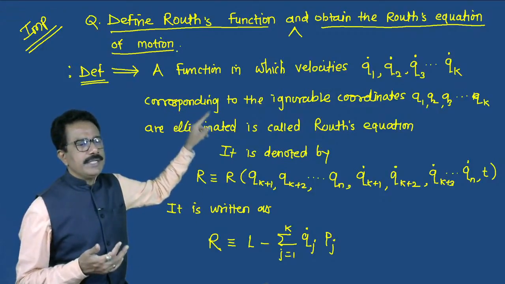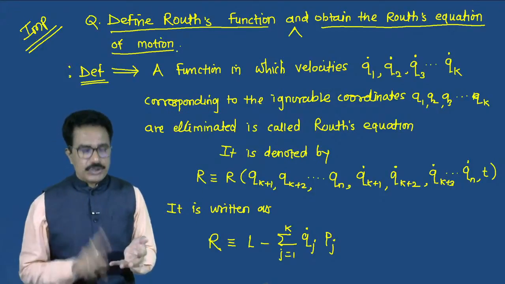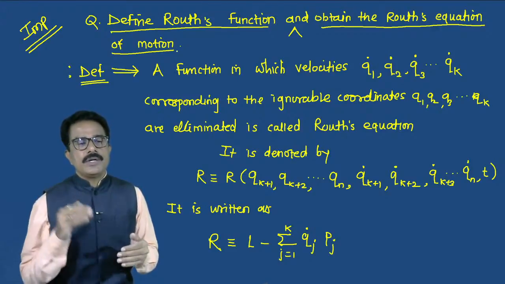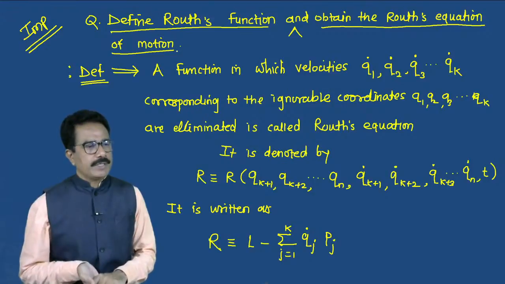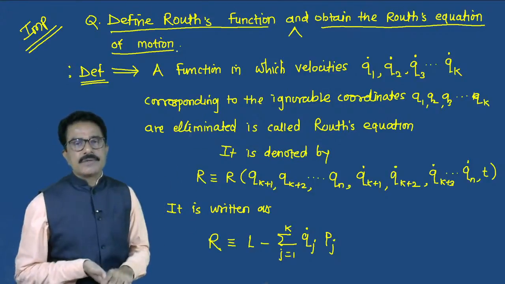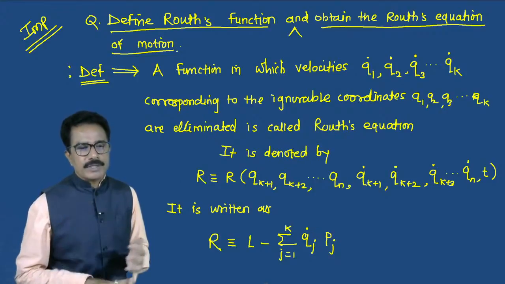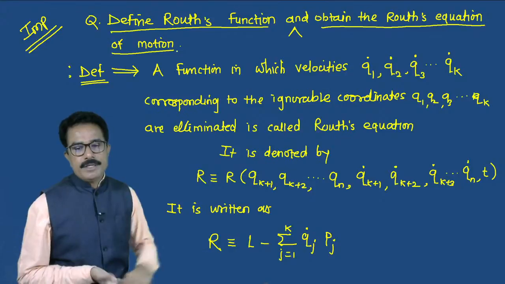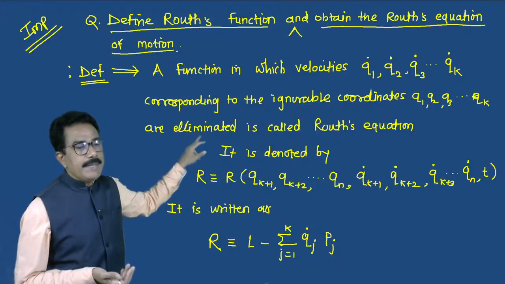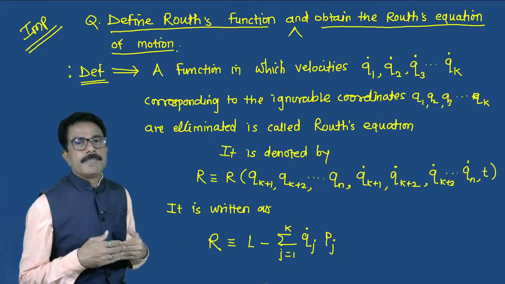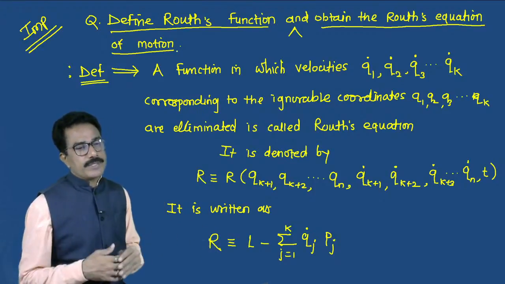A function in which velocities q1 dot, q2 dot, q3 dot, qk dot corresponding to the ignorable coordinates q1, q2, q3, qk are eliminated is the Routh function.